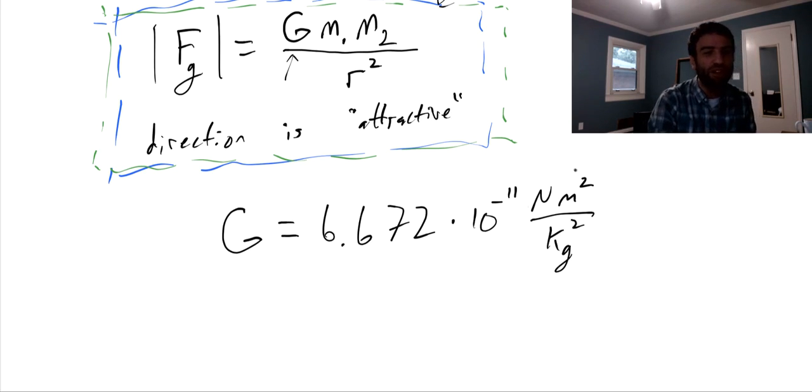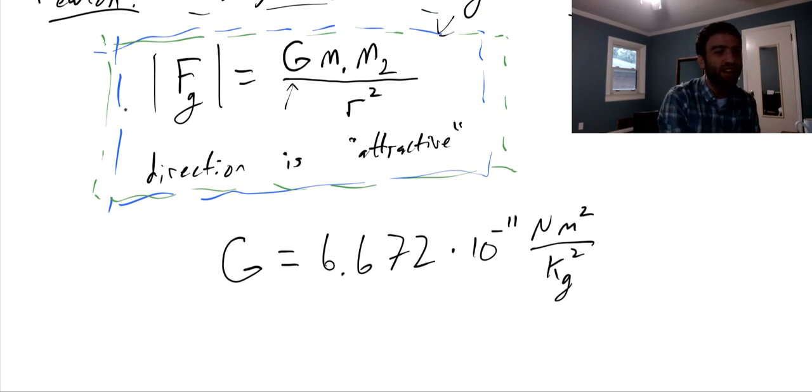You can figure out the units by dimensional analysis, right? We know what the dimensions of a force are. We know the dimensions on the right-hand side are the dimensions of whatever G is times 2 powers of mass divided by 2 powers of length. So in order to get those units to agree, newton meter squared per kilogram squared is what this G has to carry around with it.